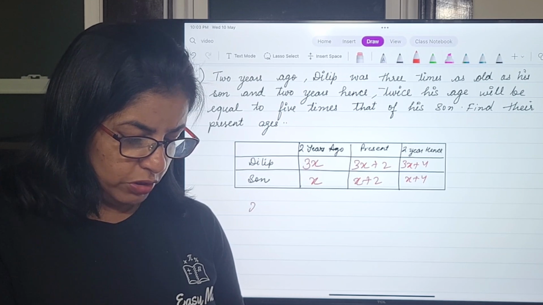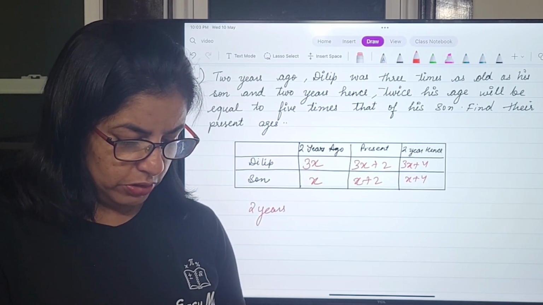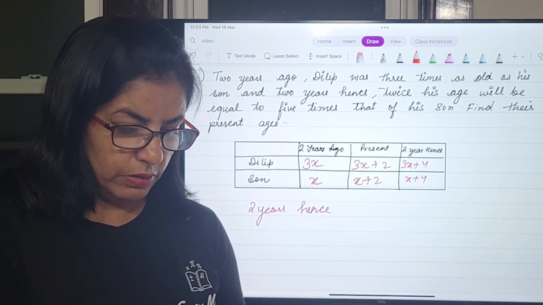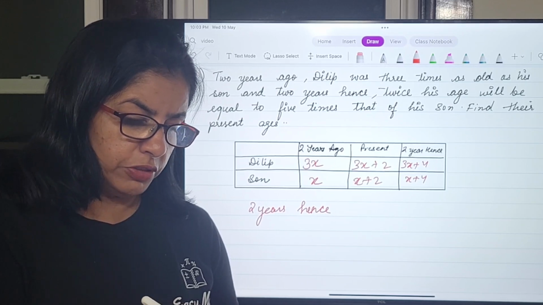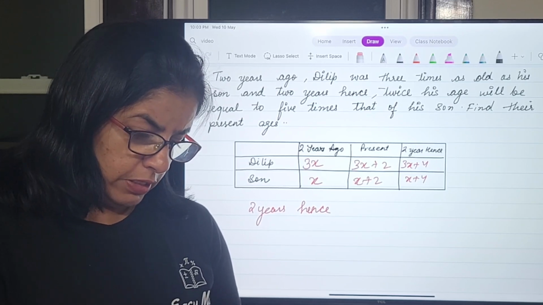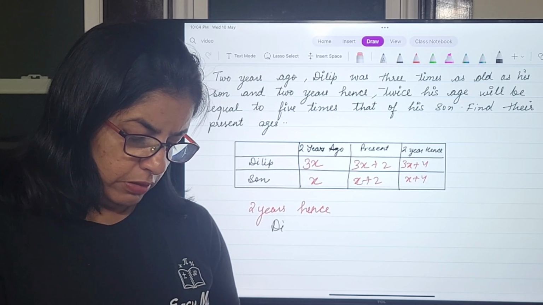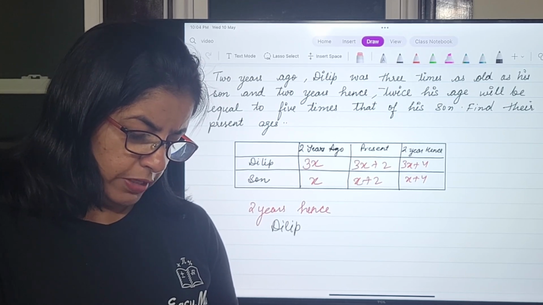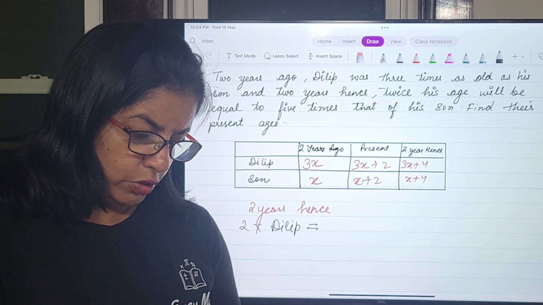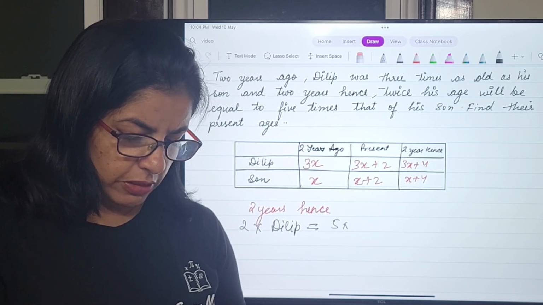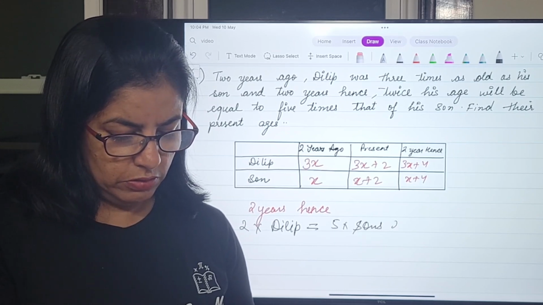So that means 2 years hence की relationship दी हुई है. What is the relationship 2 years hence? It says twice Dilip's age will be equal to 5 times the son's age. Okay.